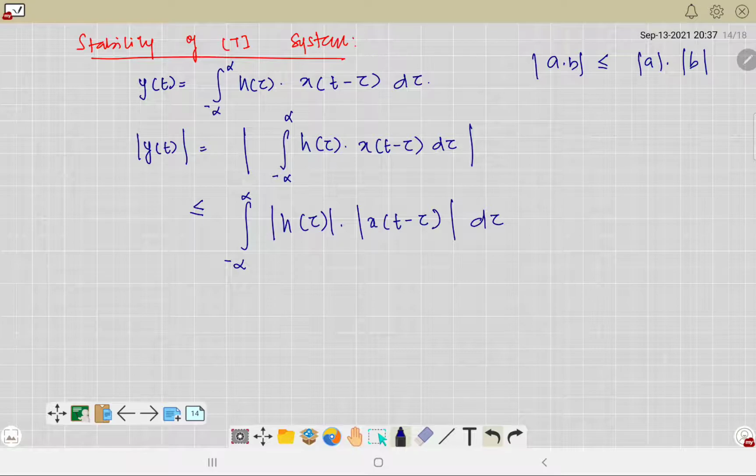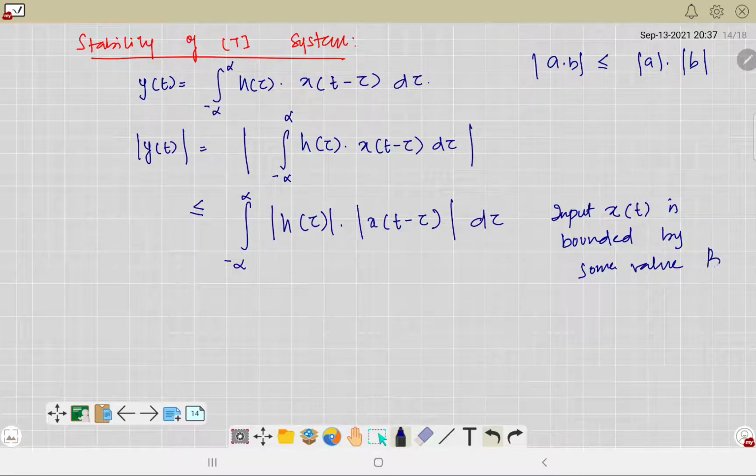now for stability we always give a bounded input. Fine. So let us suppose, because we have to discuss stability, that the input x of t is bounded, meaning it is finite by some value, say b, meaning it has some finite value which is not infinite.